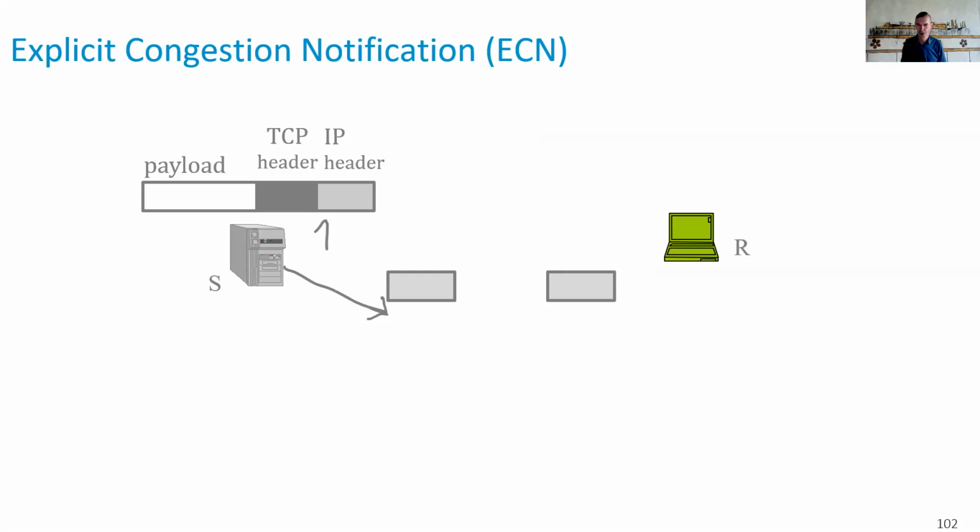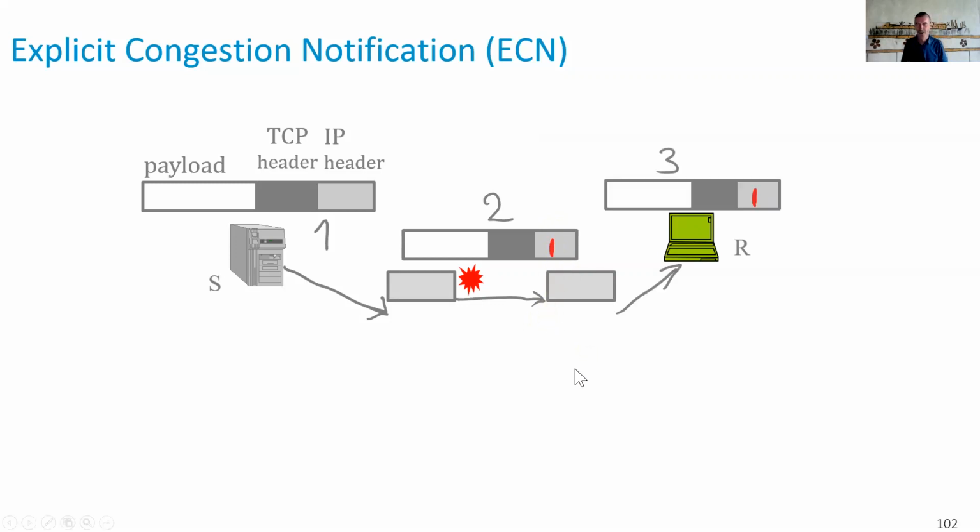When a router feels that it is congested, instead of dropping packets, what it can do is mark in the IP header, so the IP header is in light gray here. So this packet is sent by the source. This router is congested. How does a router know it's congested? We'll see in a second. Then it marks a bit in the IP header.